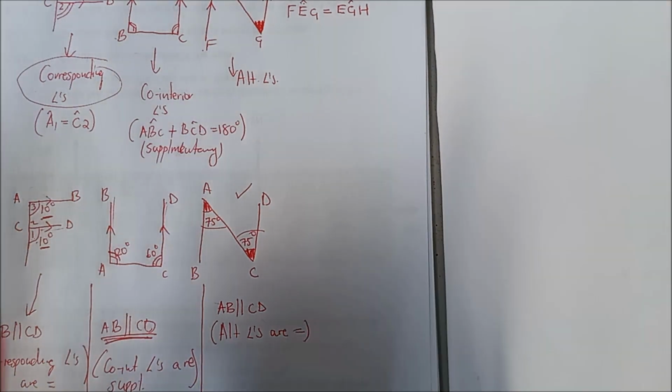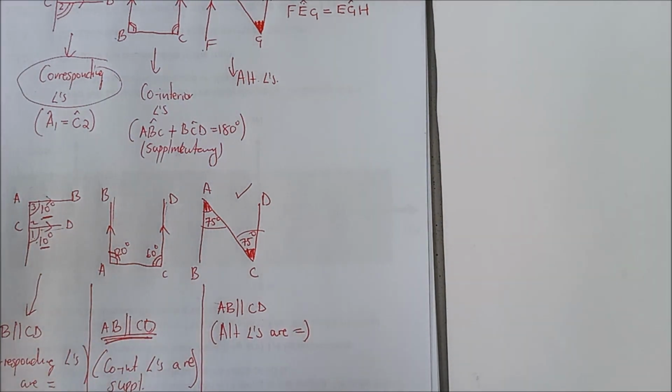So now in Euclidean geometry or in riders, if the question says prove that AB is parallel to CD, how will you prove it?